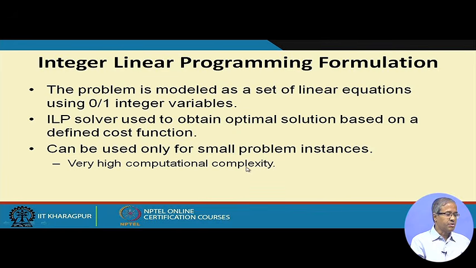The ILP solver will provide us with the optimum solution, because whatever solution the ILP solver gives, it is the best possible or the optimum solution. So, the optimality of the solution is guaranteed, but however, the computational complexity is very high, and therefore, it can be used only for very small problem instances. So, for practical problems you cannot really use this. Okay.